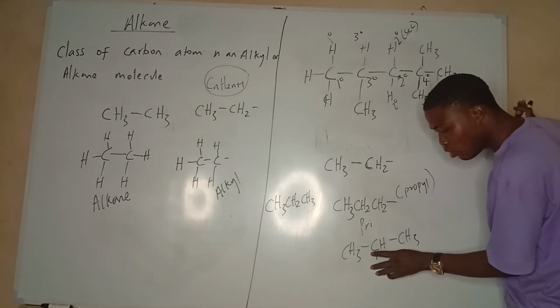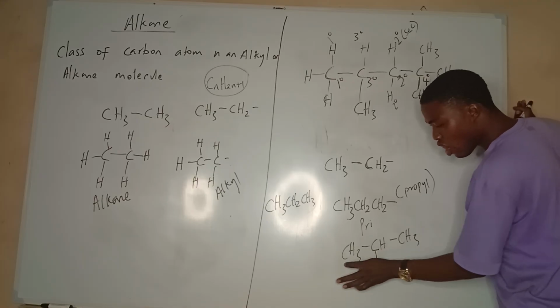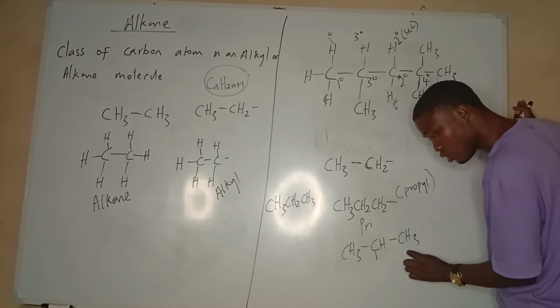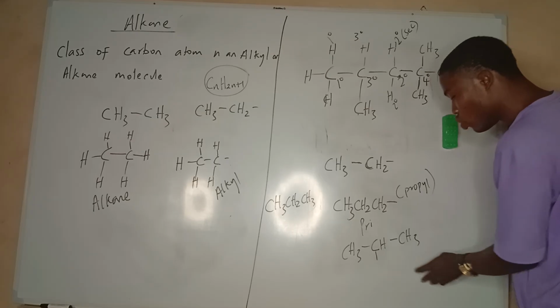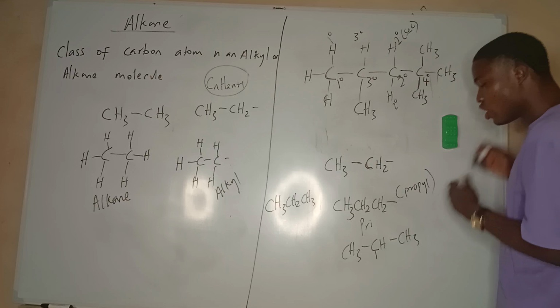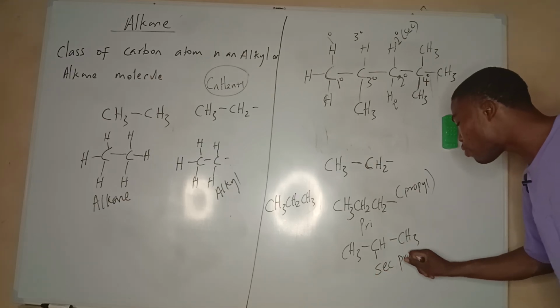If you check, this middle carbon is bonded to two alkyl groups. Because this middle carbon is bonded to two alkyl groups, we will say that this middle carbon is a secondary carbon. So because the carbon bearing the alkyl substituent is a secondary carbon, it becomes a sec alkyl group. So this is sec propyl.